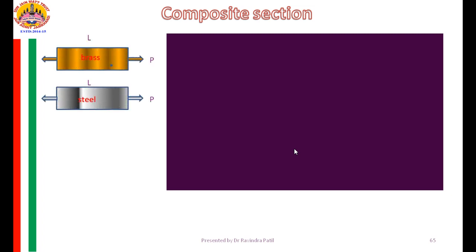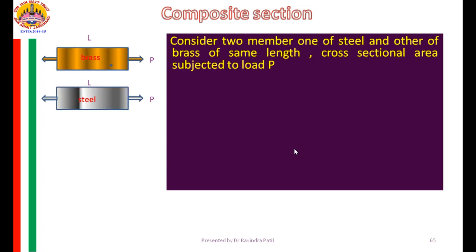Yes, friends, with that, we are concluding the elastic constants part, and from tomorrow's class we are starting with the composite section. Only composite section and temperature stresses are left out in the first model.